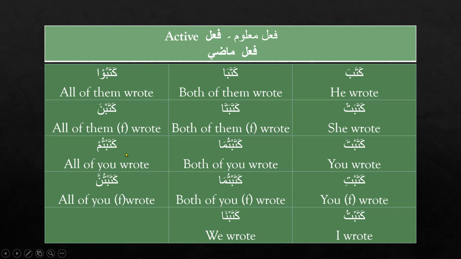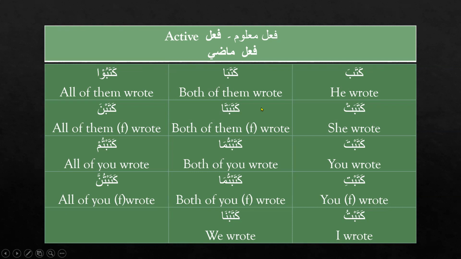He wrote, both of them wrote, all of them wrote, she wrote, both of them female wrote, all of them wrote, and please remember this sukoon, don't forget about it. Katabta, you wrote, katabtuma, both of you wrote, katabtum, all of you wrote, katabti, you female wrote, katabtuma, both of you female wrote, katabtunna, all of you female wrote, katabtu, I wrote, katabna, we wrote.